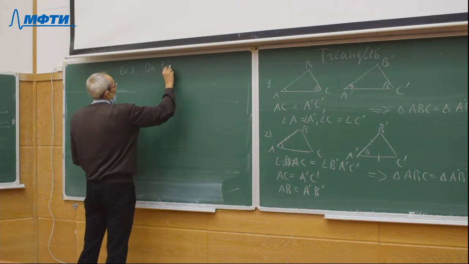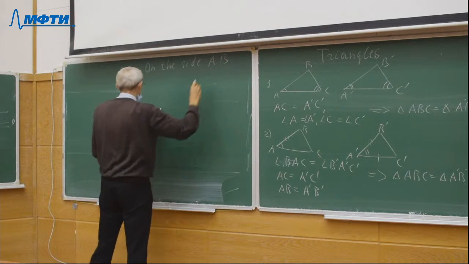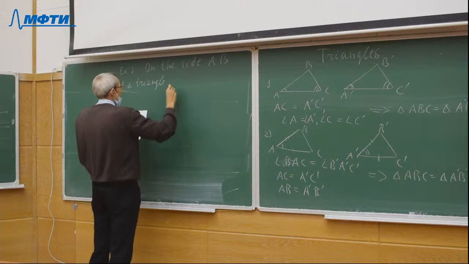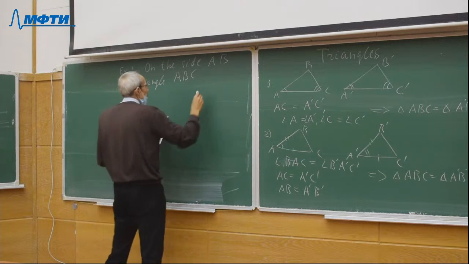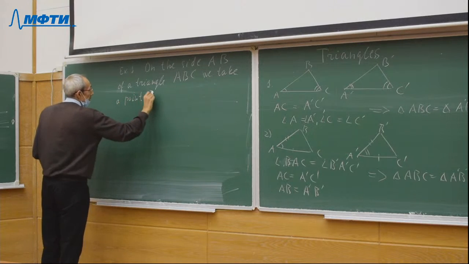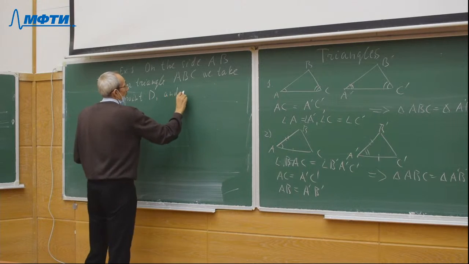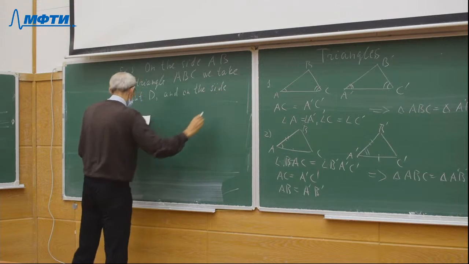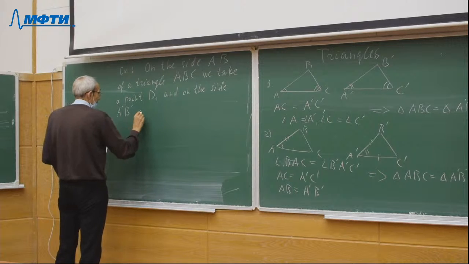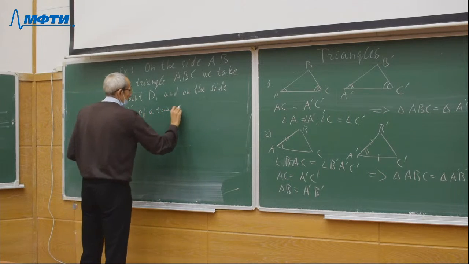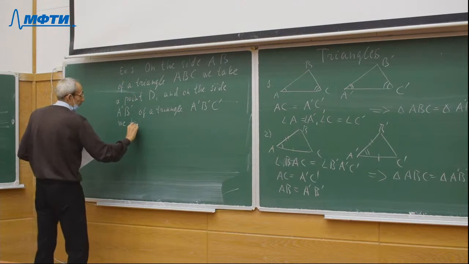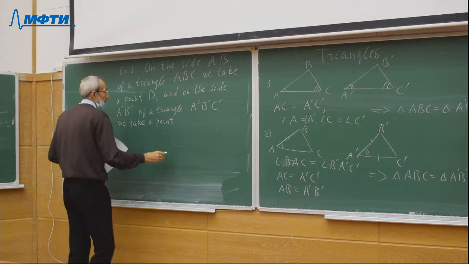On the side AB of a triangle ABC, we take a point D, and on the side A prime B prime of a triangle A prime B prime C prime, we take a point D prime.